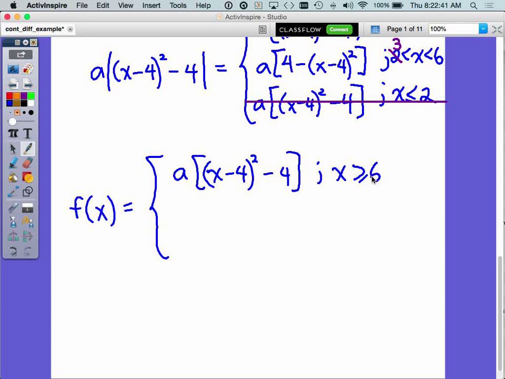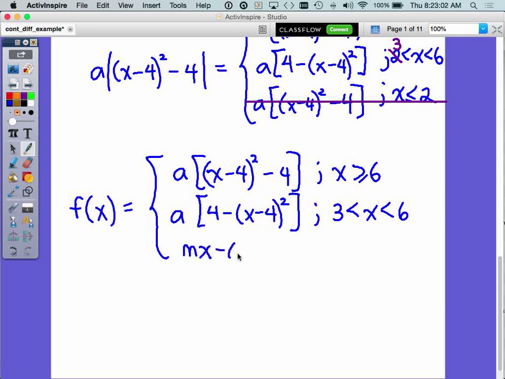In the middle, we're going to have what we had up at the top, a times 4 minus x minus 4 squared, and that's going now from 3 to 6. And at the bottom, we're going to have the function that we had at the top, mx minus 6, when x is less than 3. So that's what f at x is going to look like without the absolute values.